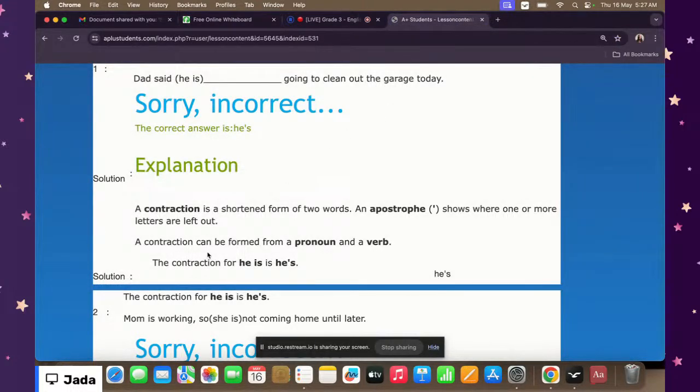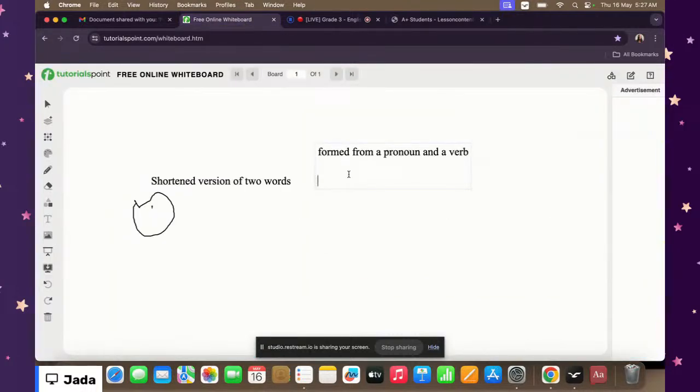And we have some examples. So we actually have an example from Nani, and it is we will, but because we're doing contraction and it is a shortened version, this is how it will be. We'll. Okay, so it's a shortened version of we will to get your contraction. So good example from Nani.